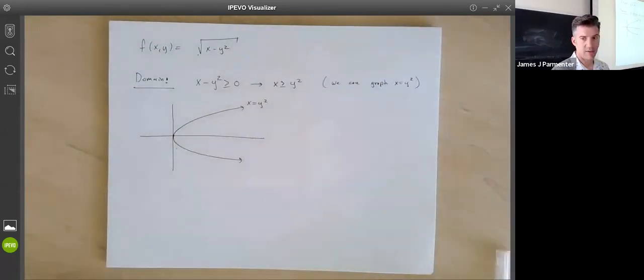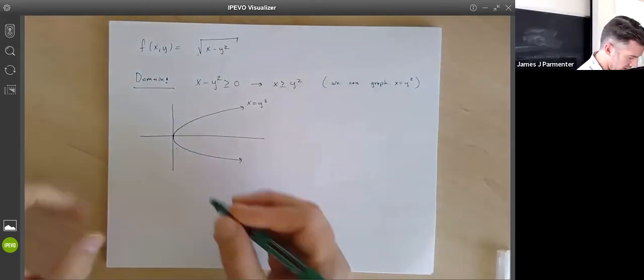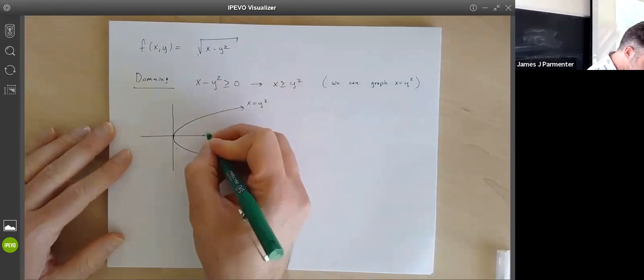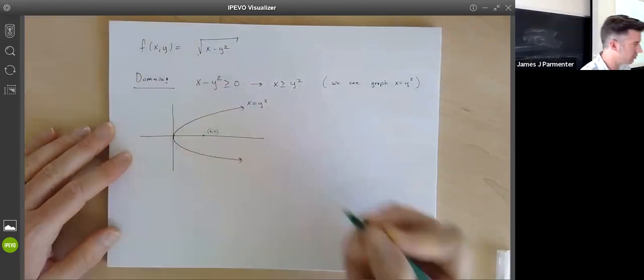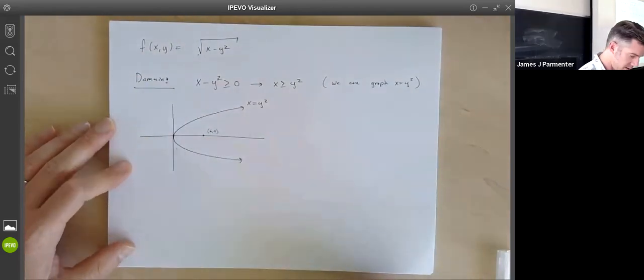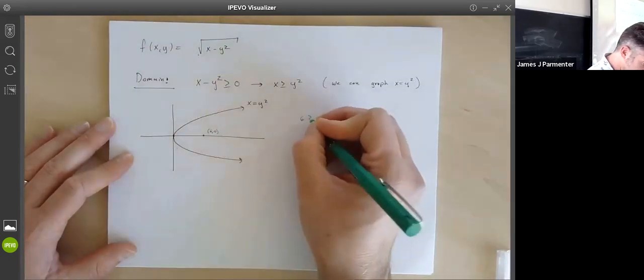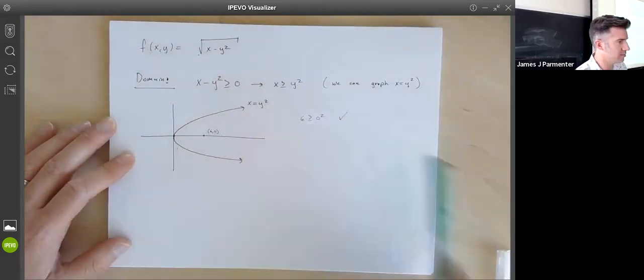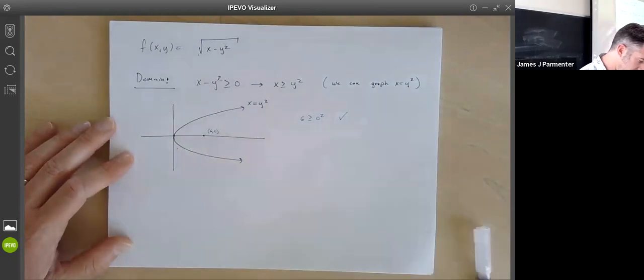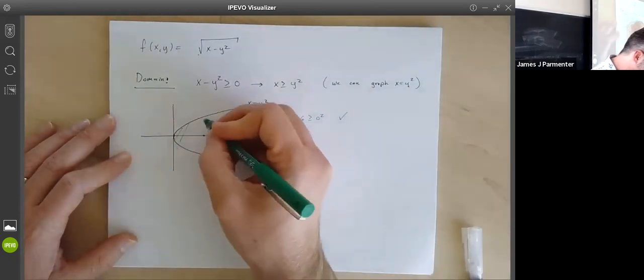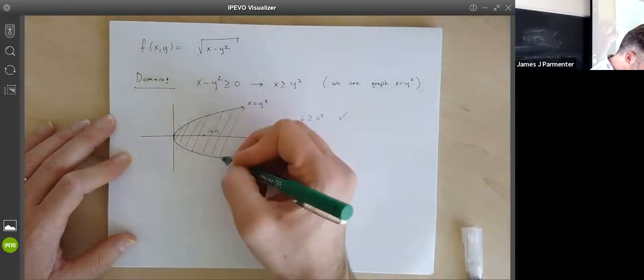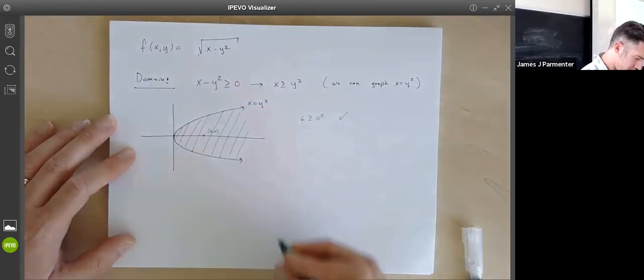And then just like any other time, I'm going to pick a point that I know is not on the boundary. So let's pick the point 6, 0 and see if it's in my domain or not. So x is 6, y is 0. Yep, that checks out. So everything on this side of the boundary, including the boundary, that's my domain.